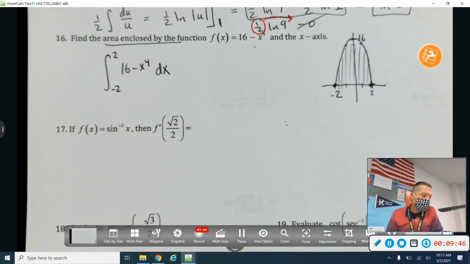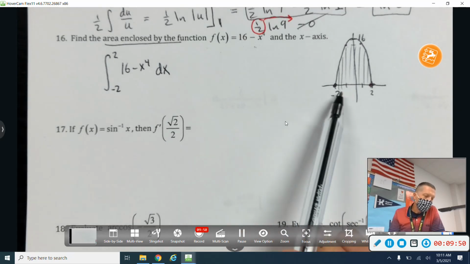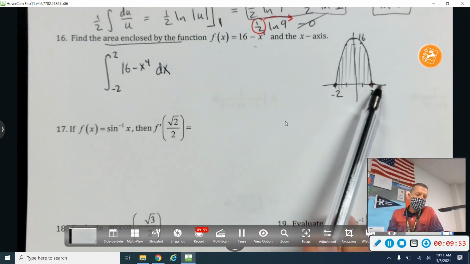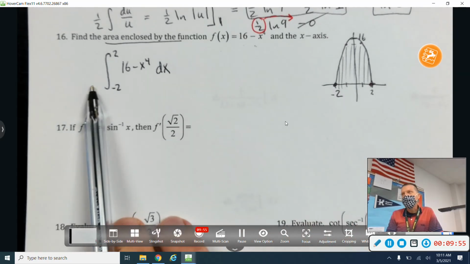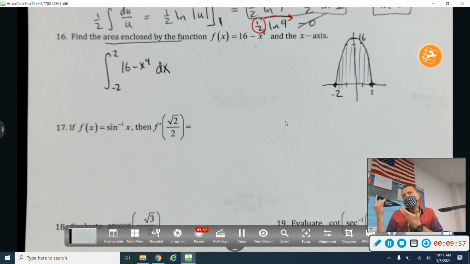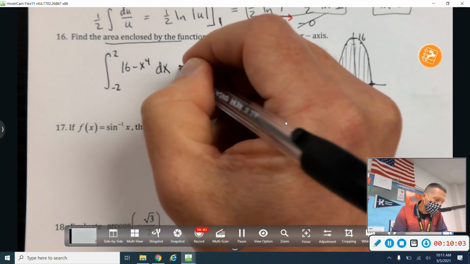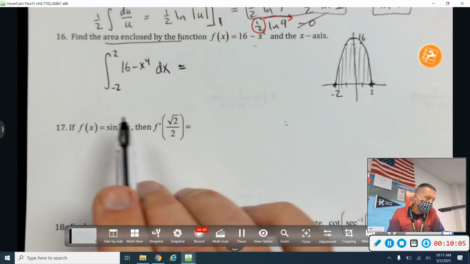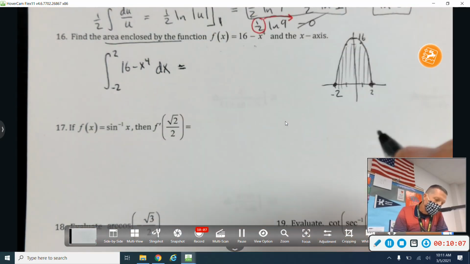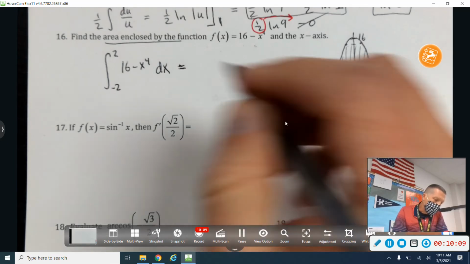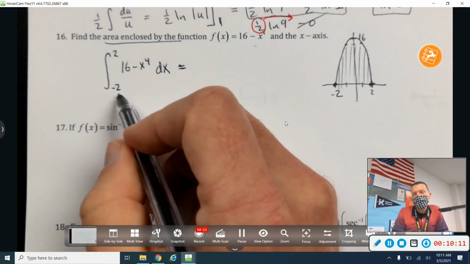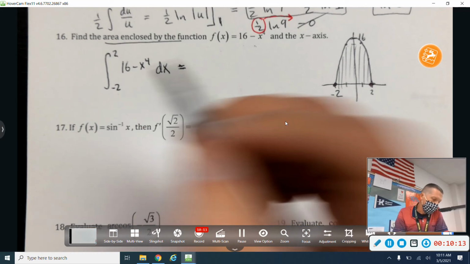If you're paying attention and you really want to be clever, you could do limits from 0 to 2 and just multiply it by 2. Does that make it easier or harder? I don't know. It's your call. I guess I'll leave it as is, although I think on the key I did 0 to 2, because I was thinking ahead and thinking plugging in 0 would be easier than plugging in negative 2.